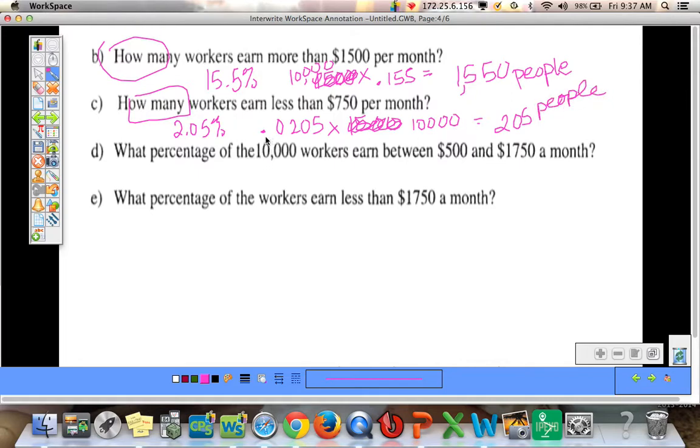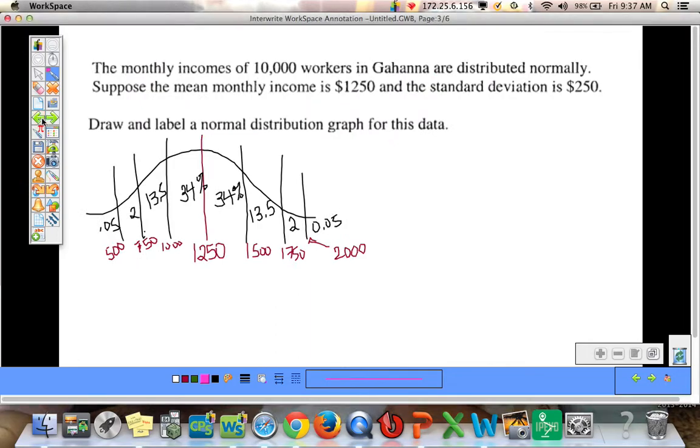What percentage of the 10,000 workers earn between 500 and 1,750 a month? So this is percentage, so now we just have to add the percentages. So we're going to add here to here, add all of these up right here. This is 1,750, and 750 was right here. So really we have to add 13.5%, 34, 34, 13.5.